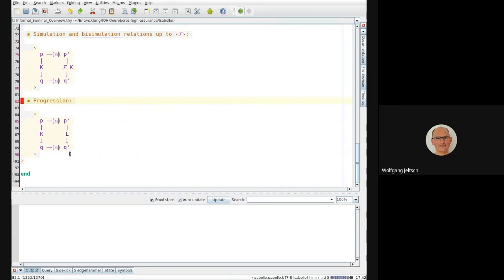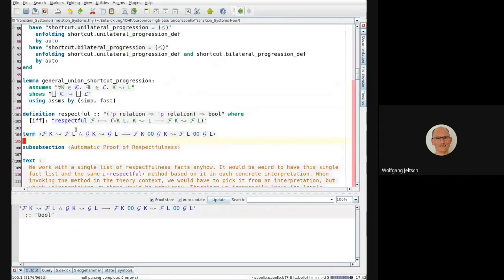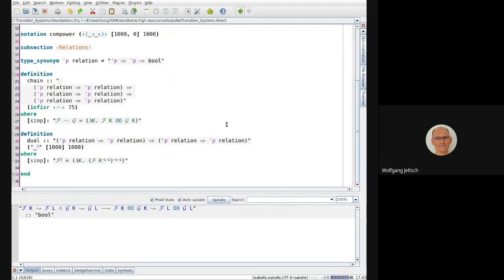And the shortcut progression means that we must have this for the normal transition relations and the alternate simulating one, as well as for these zero-step transitions where we go to the same process. And so now we want to have this to be true. And we know, okay, FK shortcut progresses to FL.